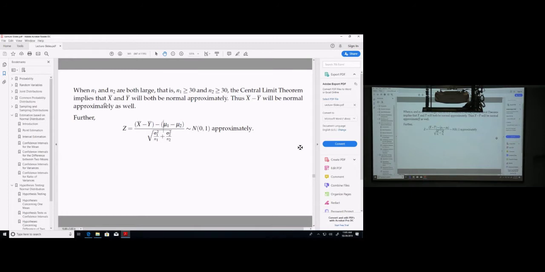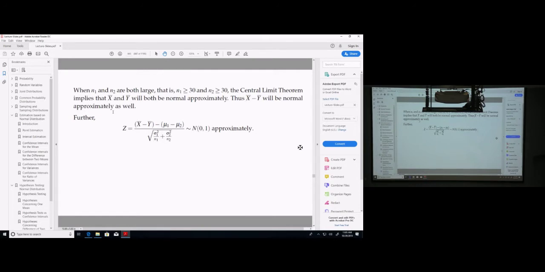Okay. So when n1 and n2 are both large, the central limit theorem kicks in, and X bar and Y bar will both be normally distributed. Now this has not been explained, and it would not be easy to explain. I think it's one of the properties of the normal distribution. When you have two normal distributions, the sum or the difference will still be normal, especially if they are independent.